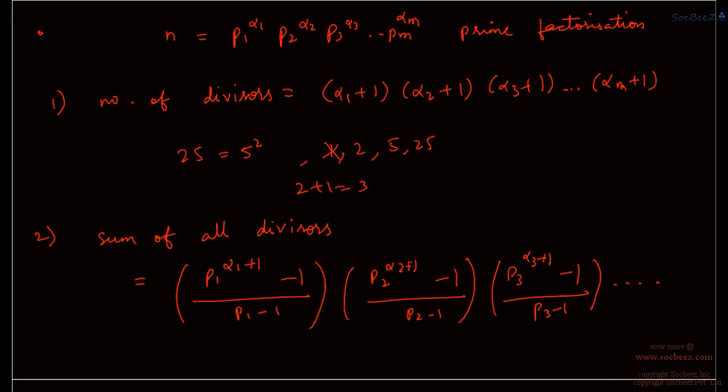Get the drift, right? This goes all the way till the last prime number, raised to its exponent plus 1, minus 1, by the prime number minus 1. So in the case of 25, we will have (5 cube minus 1) by (5 minus 1).